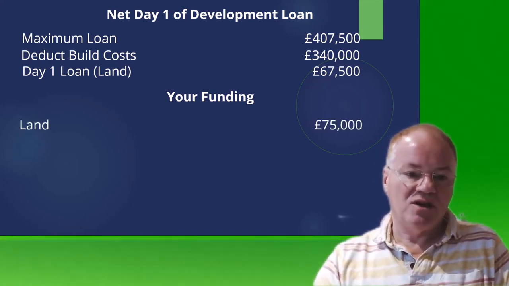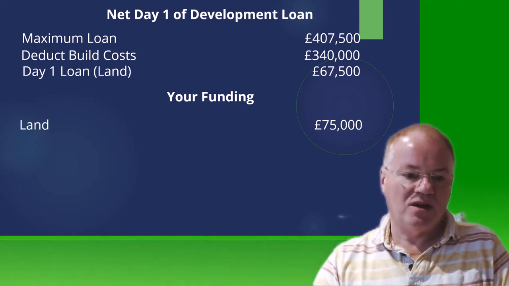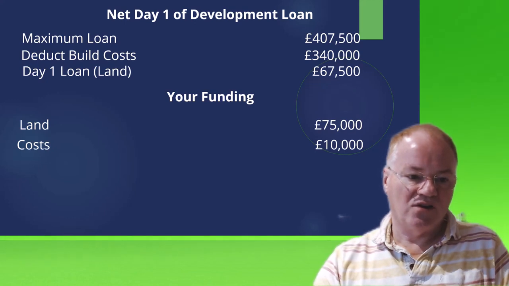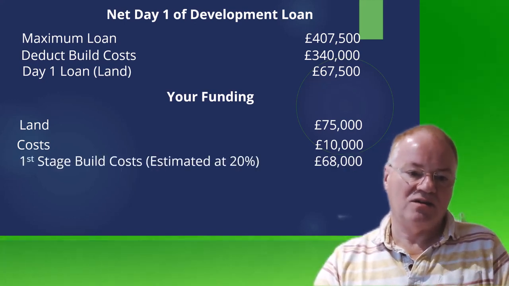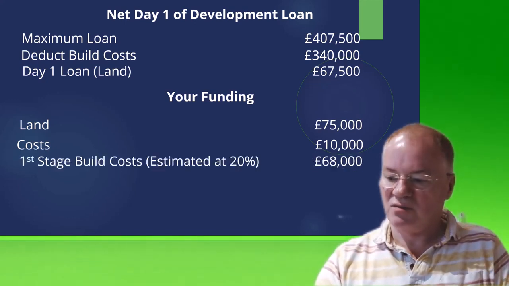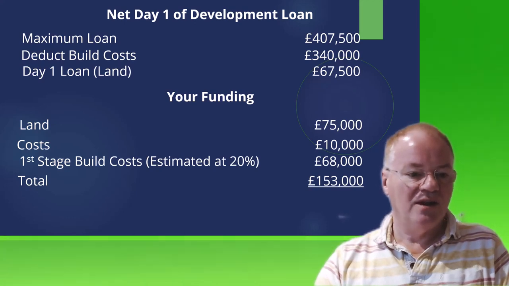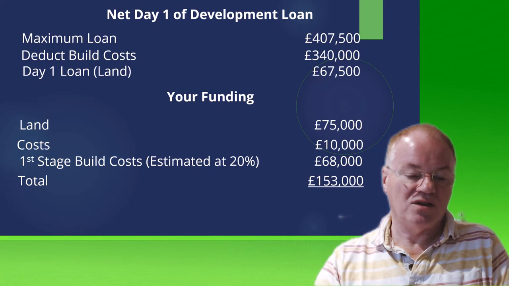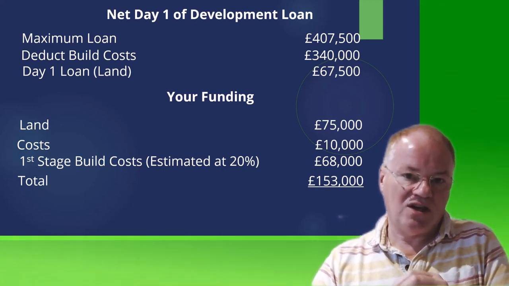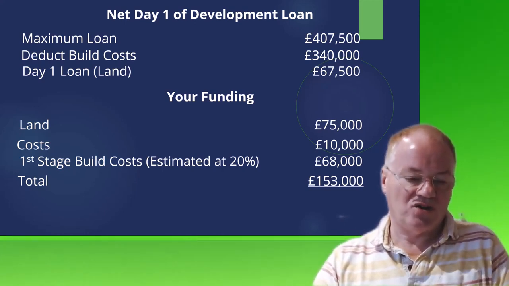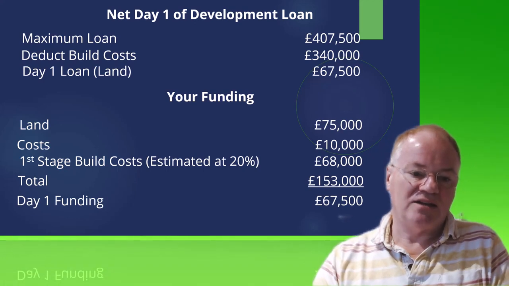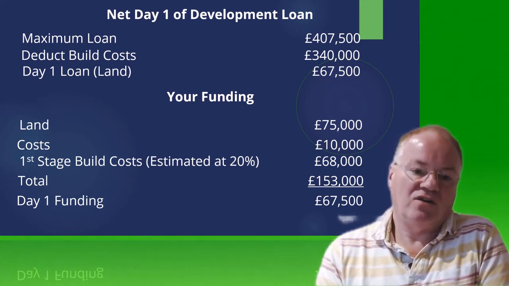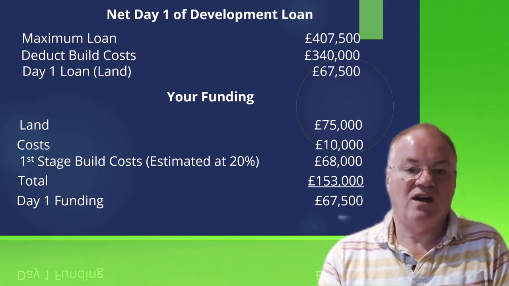So that means with your cost 75,000, we have the land, we've got costs of 10,000. The first stage of costs estimated, and they've just taken 20% here of the build cost, 68,000. So the total funding that you're going to need is 153,000 to get this to the stage of where they're going to release the next tranche of funding, and therefore the funds that you're going to need, because they'll supply 67,500, you're going to need 85,500.